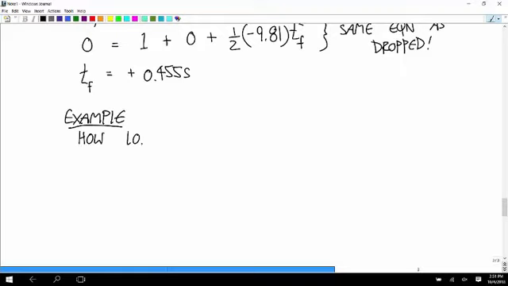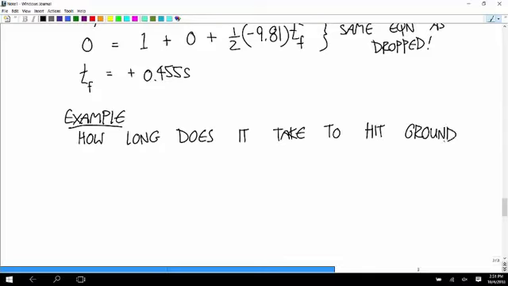So how long does it take to hit the ground if it's fired 1 degree above horizontal?